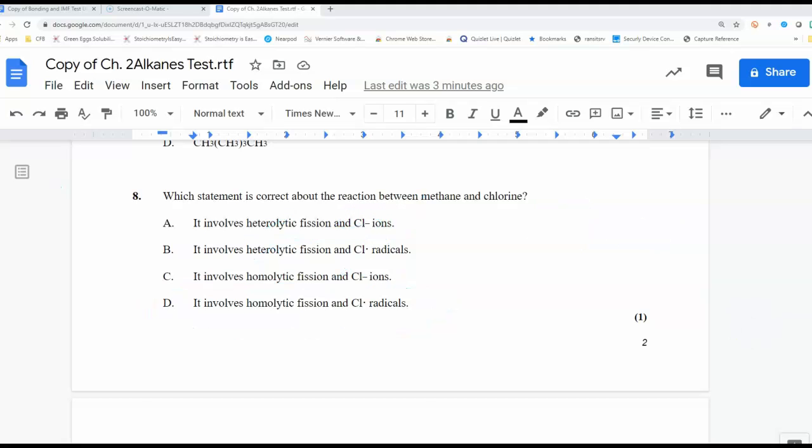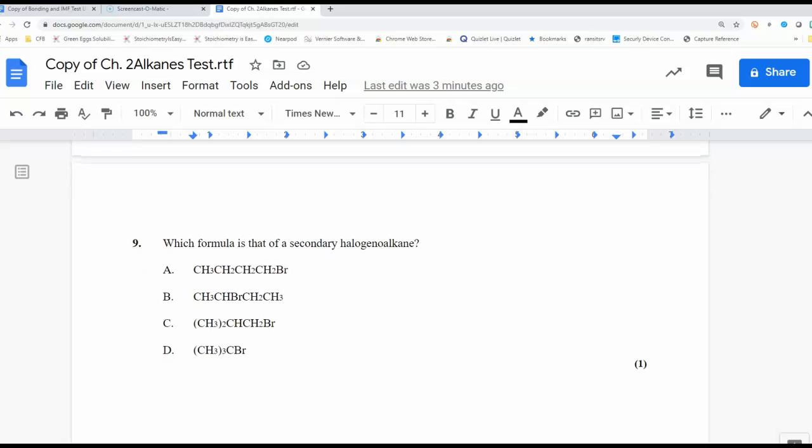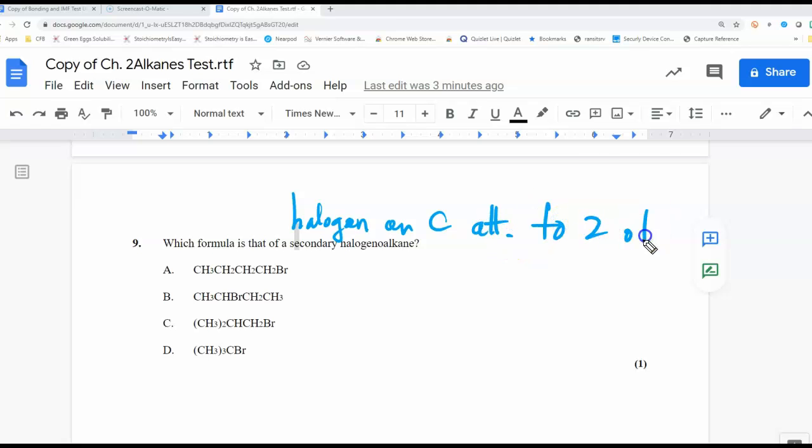All right. Which formula is that of a secondary halogenoalkane? Okay, so secondary meaning that the halogen is attached to a carbon that is attached to 2 other carbons.